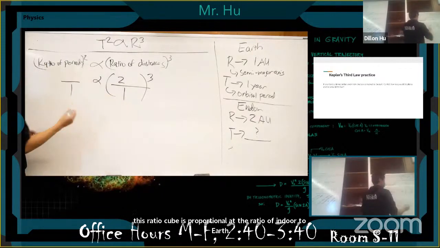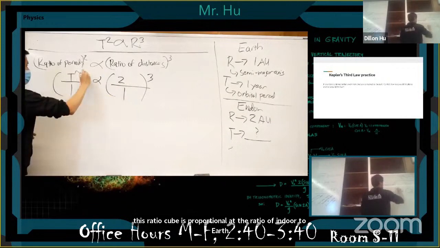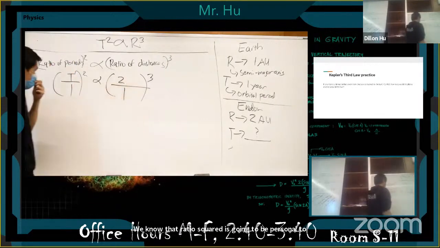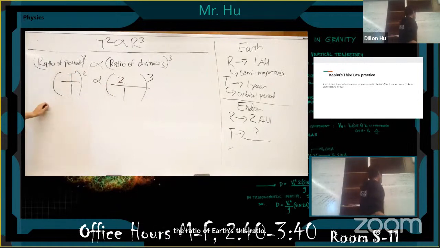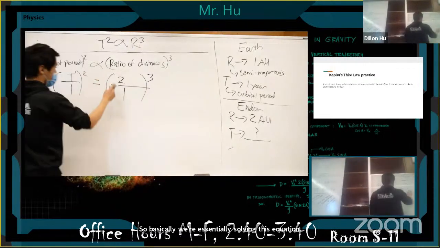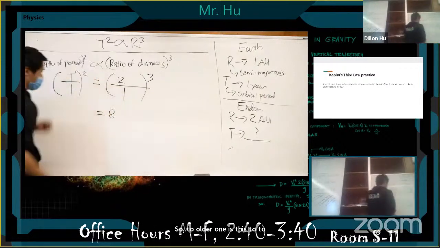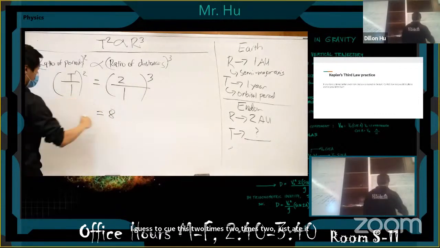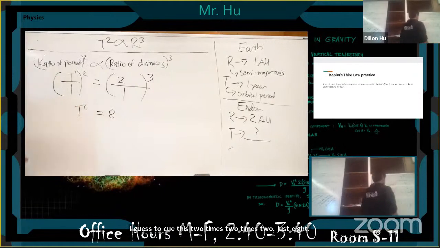We don't know what Endor's period is, but we know that the ratio of periods squared is going to equal this ratio of distances cubed. So we're essentially solving this equation. 2 over 1 is just 2. 2 cubed is 8, right, because 2 cubed is 2 times 2 times 2, which is 8. 8 is going to equal T squared over 1, which is just T squared.